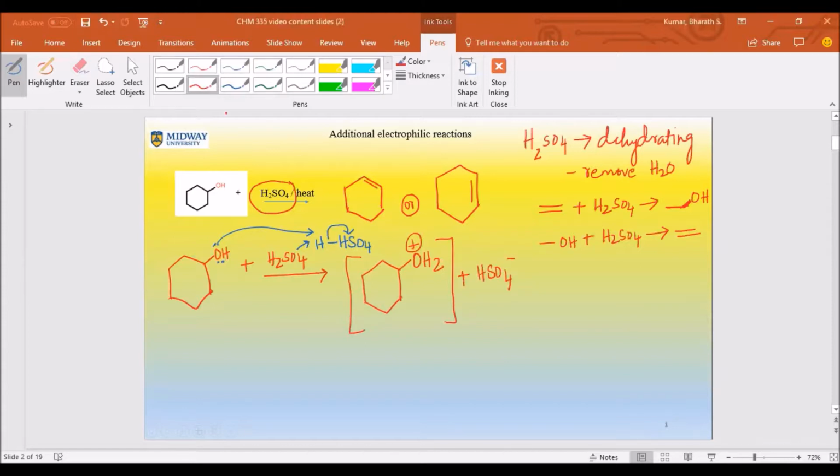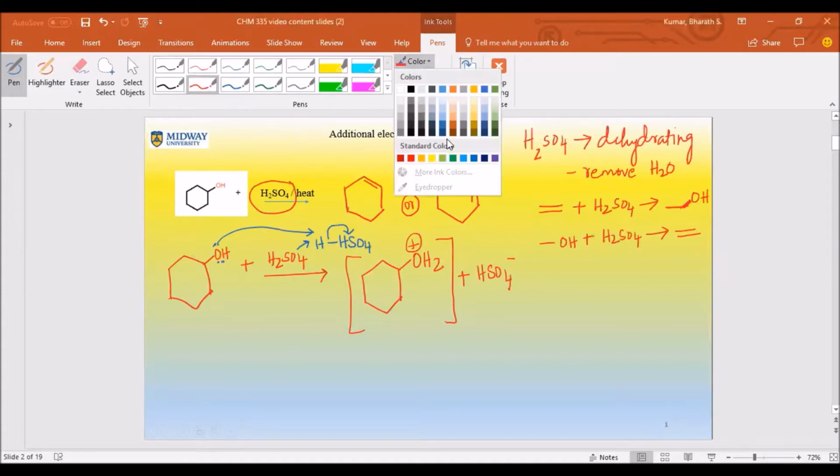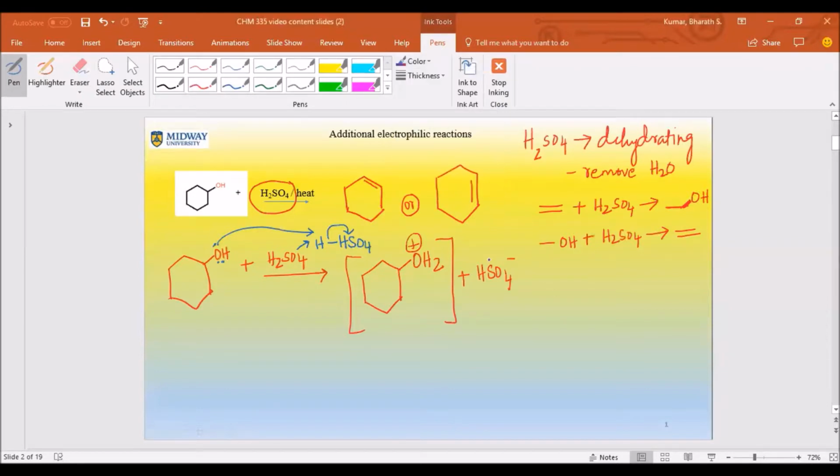Now let me get a different color, maybe purple, something dark. What's going to happen here is the OH2 is going to come off because it's unstable. Whenever you have a molecule with OH2 plus, the OH2 plus is highly unstable and it doesn't want to be in that form for too long. So you're going to end up with the plus charge directly on the carbon, plus water.